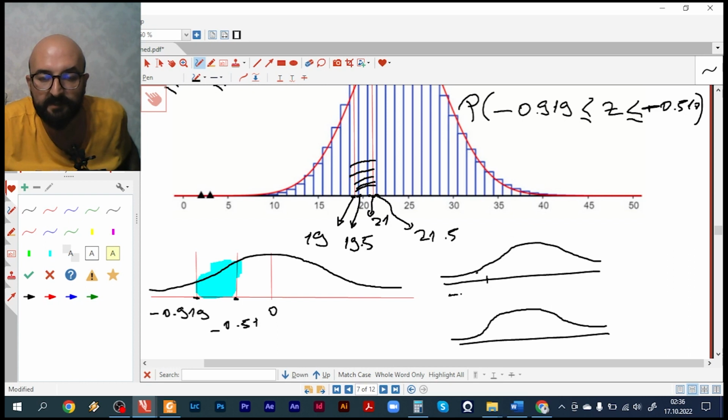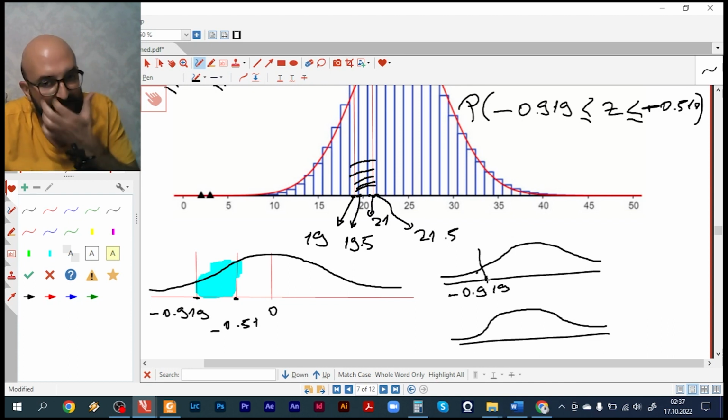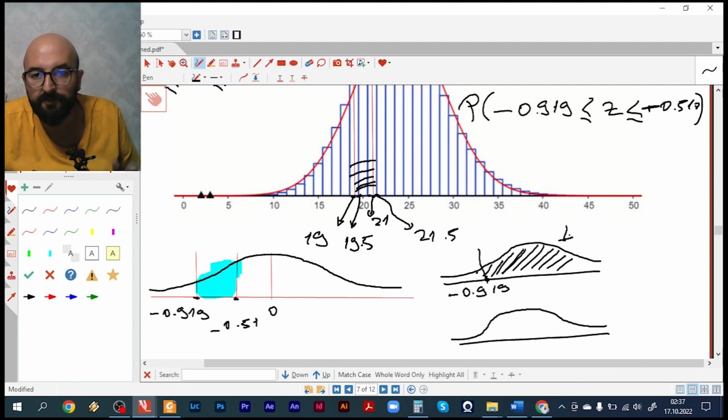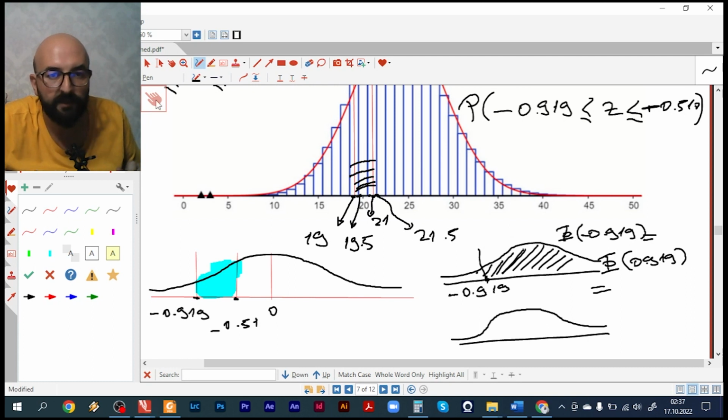Please remember that for minus 0.919, the left of this point is the big area, and phi of minus 0.919 should equal 1 minus phi of positive 0.919, and it means the big area.